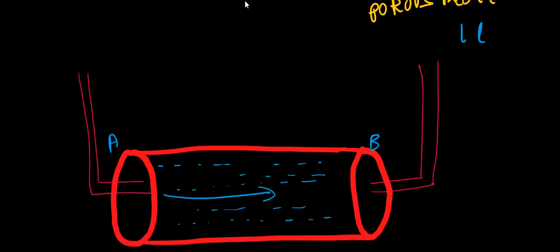The water will start rising in these pipes, these standpipes, or you can say the piezometers, and will rise up to a level corresponding to its energy only. For example, in pipe A, the water has risen till here.